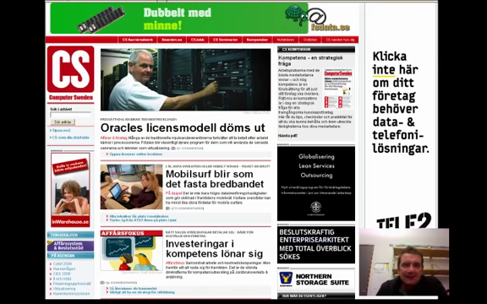This splash screen is unfortunately in Swedish, but I will translate the central things for you. It shows really how high up on the agenda the competence management is today. The first thing I've circled here would translate into "investments in competence pay off." And it's a featured article giving examples of organizations that really have put a lot of resources into competence management with a good profit in the end.